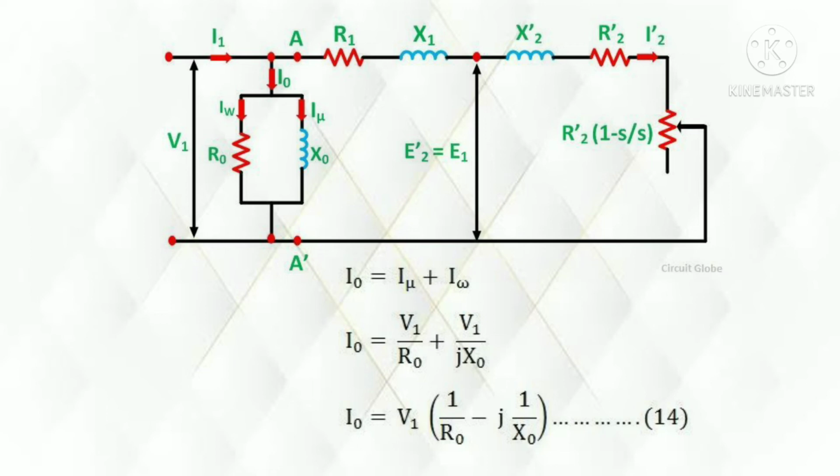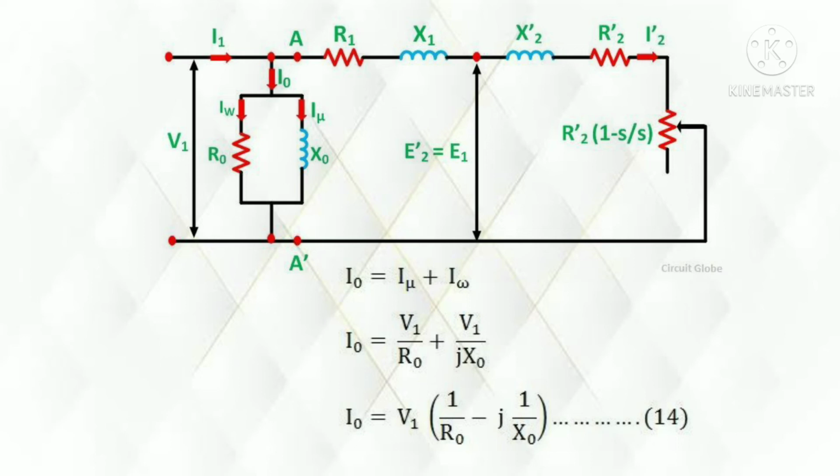Similarly, voltage across X naught is V1. So I w equals V1 by j X naught. So total current I naught we get equal to V1 by R naught plus V1 by j X naught.